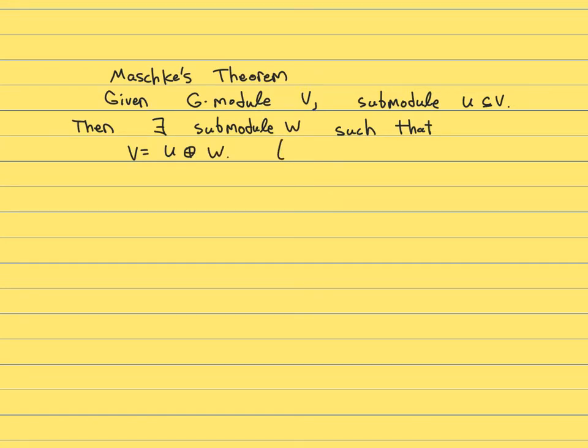Of course, it's worth pointing out the assumptions are that the characteristic of the underlying field for the vector space does not divide the order of the group, and that we're dealing only with finite groups here. I should point out there's various reasons why we focus on the case of finite groups.